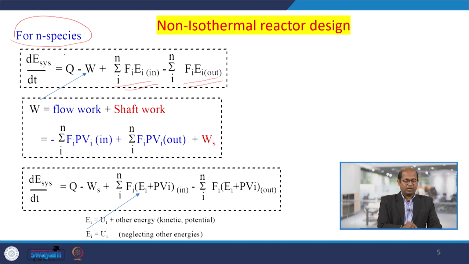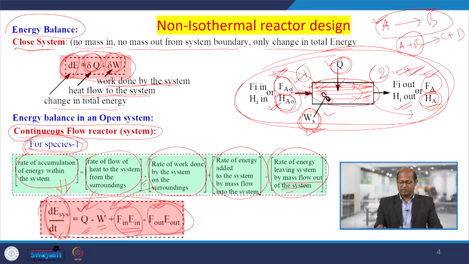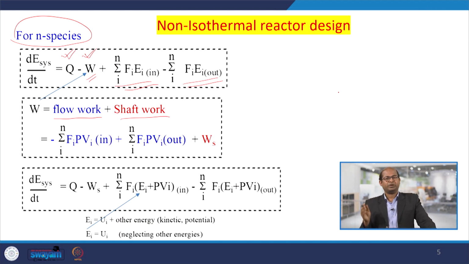here we are changing only the energy supplied, and the work done by the system is W. This W is the flow work plus shaft work, both works are there. Here is the shaft, which does shaft work. At the same time, the components present inside the reactor flow from the left-hand side to the right-hand side, which is called flow work.